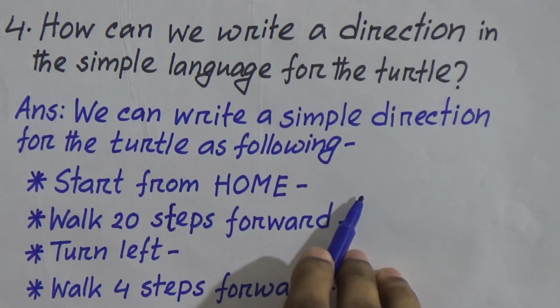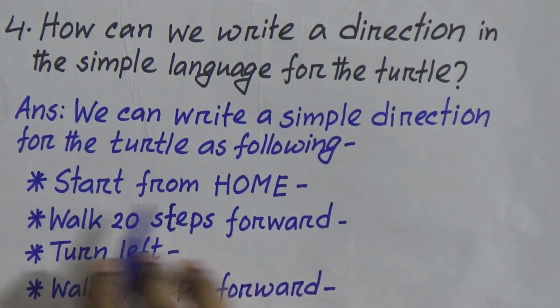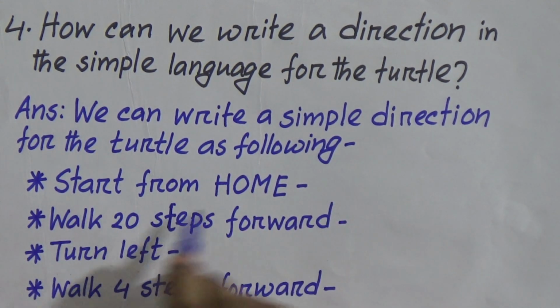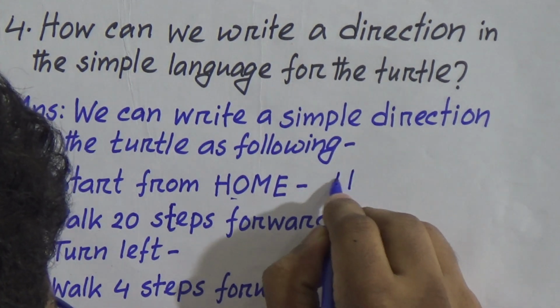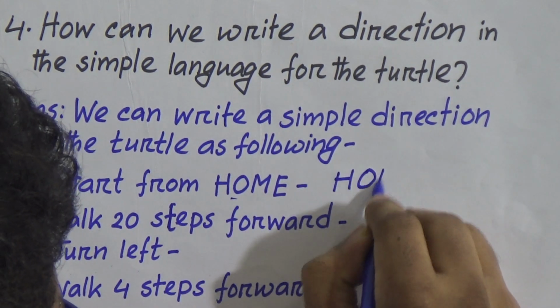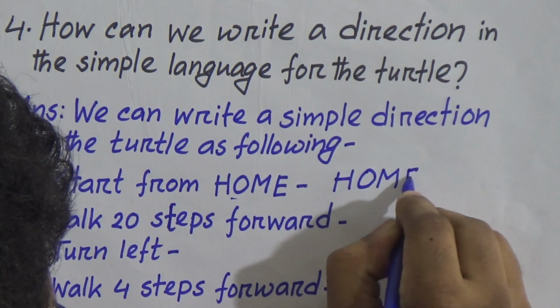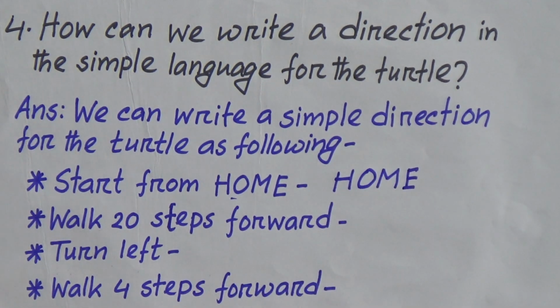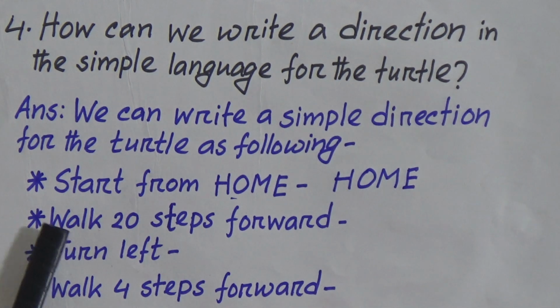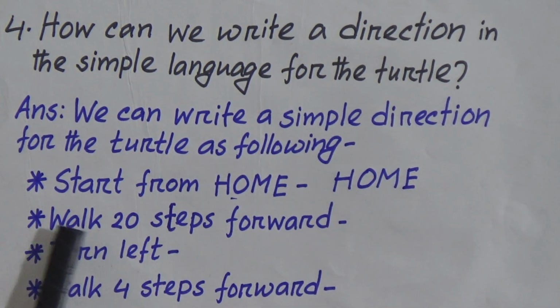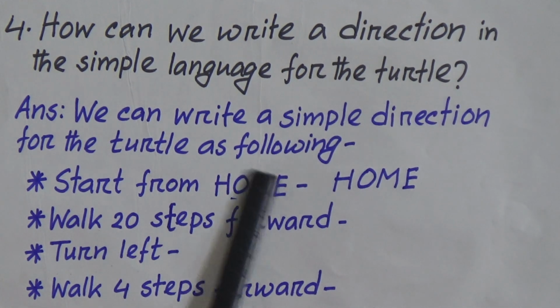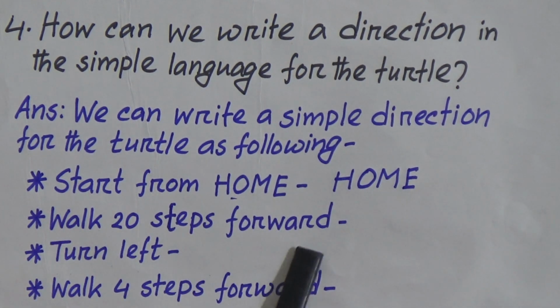I have given a blank page. I will write here, start from home. Then I have to write this home in capital letter, H-O-M-E. Okay. Next, walk 20 steps forward. So in this line there is no capital letters word.